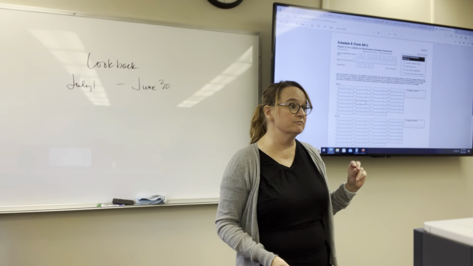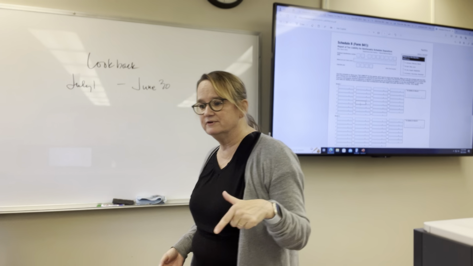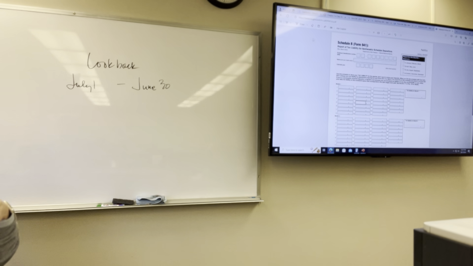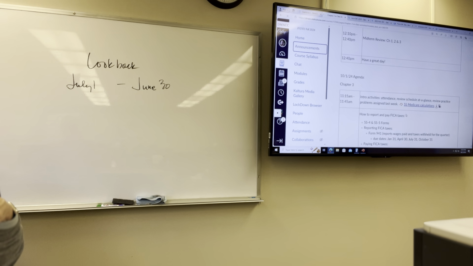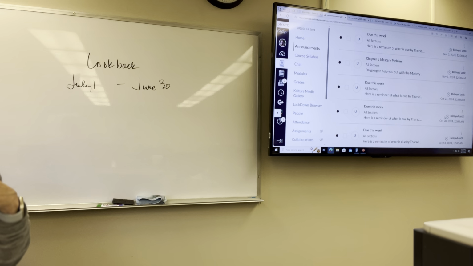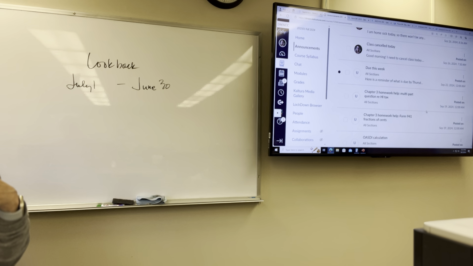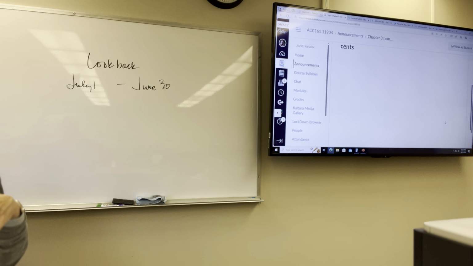You do have a problem in your homework. I posted a video explaining as well. Where is it here? It's in one of the announcements. Here you go, homework help. Form 941, fractions of cents. So this is in the announcements.